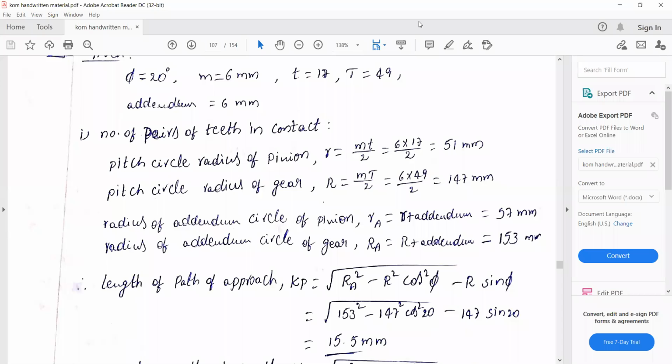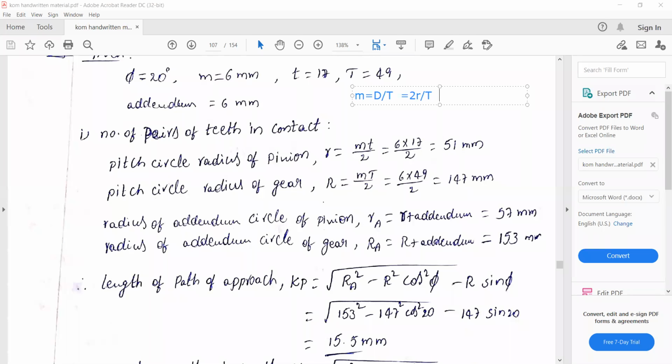That is taken from the module formula: small m equals capital D by capital T, which equals 2r by t.